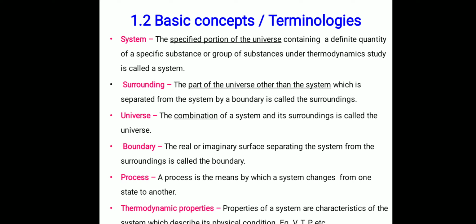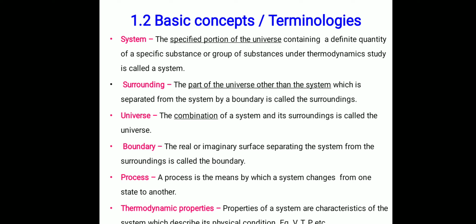The real or imaginary surface which separates the system and surrounding is called the boundary. And the combination of the system and surrounding is the universe. These are the four main basic concepts involved in thermodynamics.